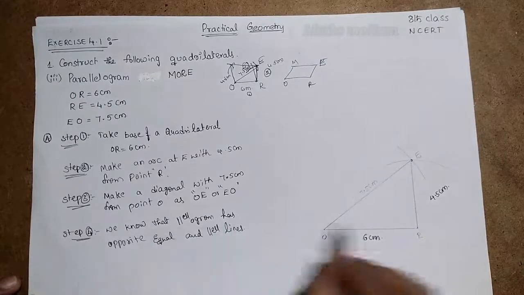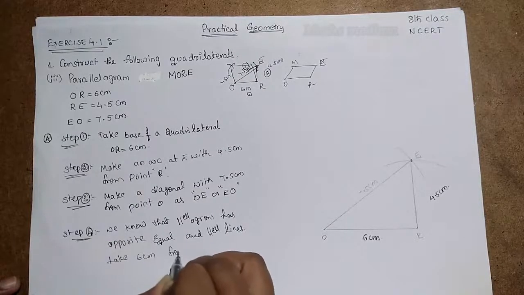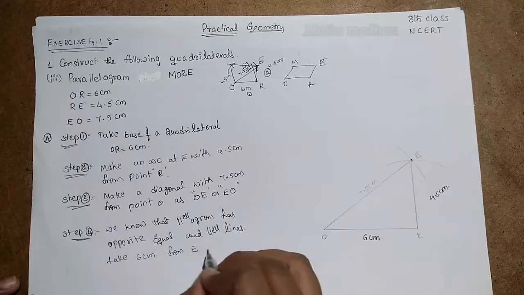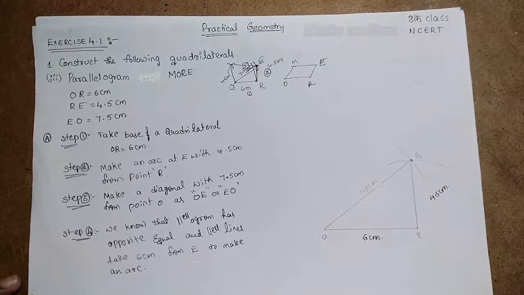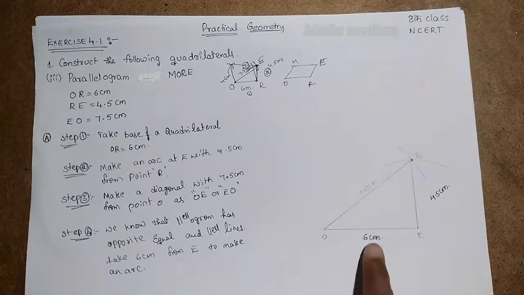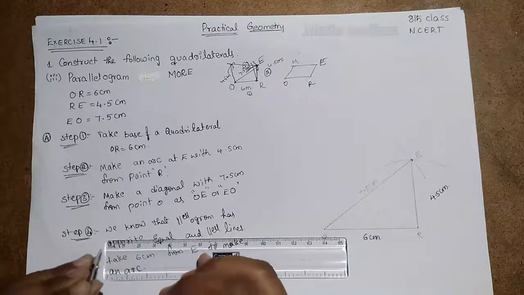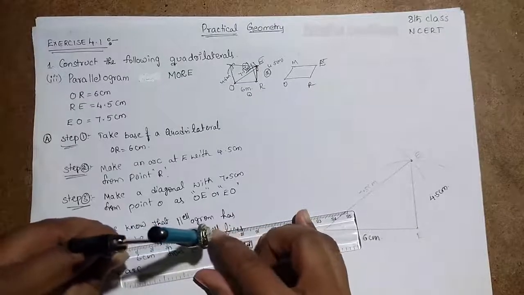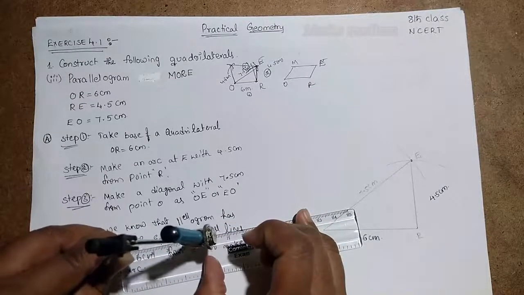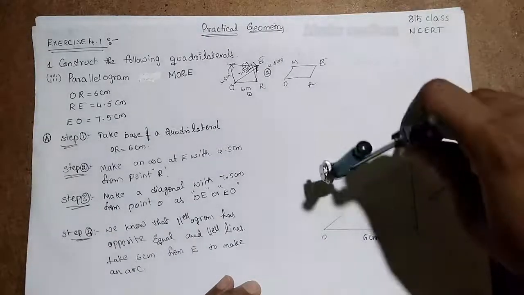So here we take 6 centimeters from E to make an arc. Because this side is 6 centimeters, the opposite side is parallel with equal length. So adjust the compass and take 6 centimeters from point E, like this.